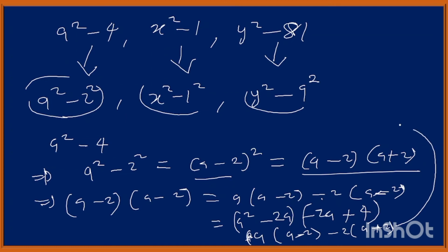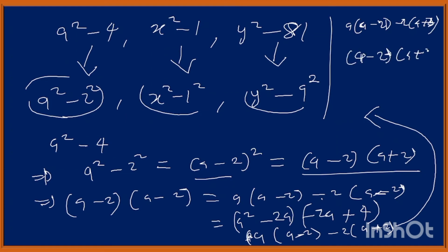So a into a minus 2 plus minus 2 into a plus 2 will give me a minus 2 into a plus 2. So that is it. You can say that a squared minus 2 squared equals a minus 2 into a plus 2.